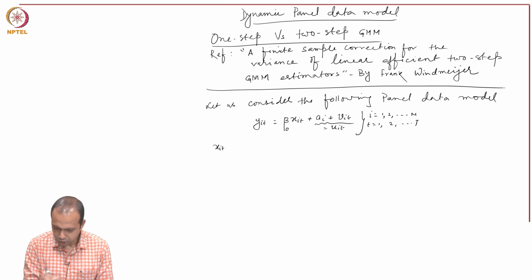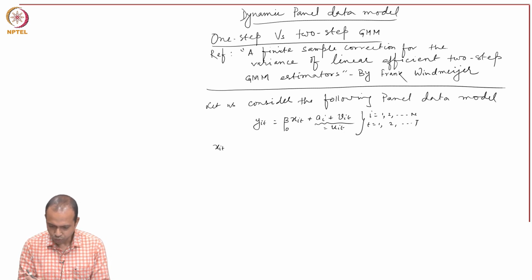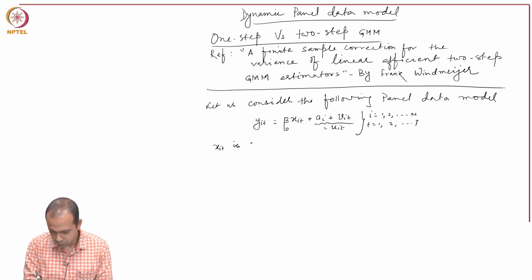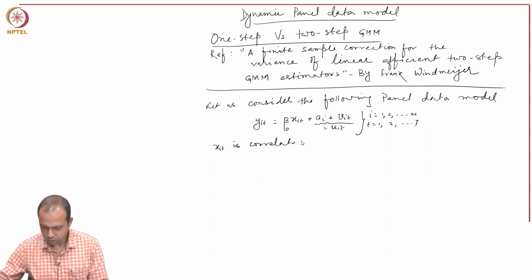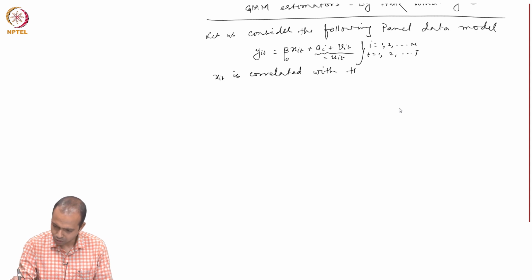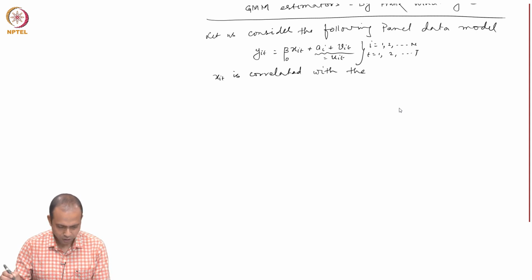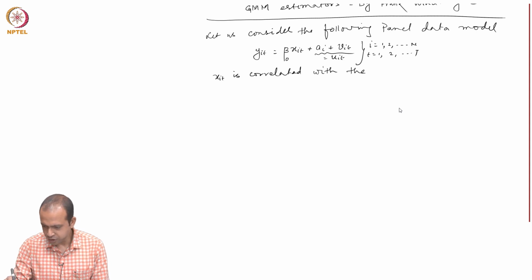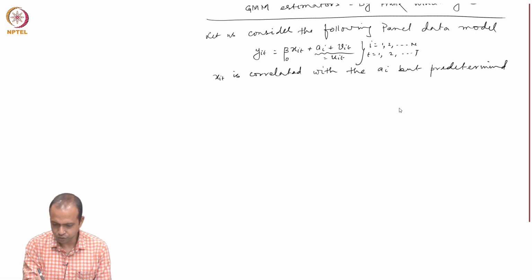And x_it is correlated with the past values, is correlated with the a_i, but predetermined, this is very important, predetermined with v_it.